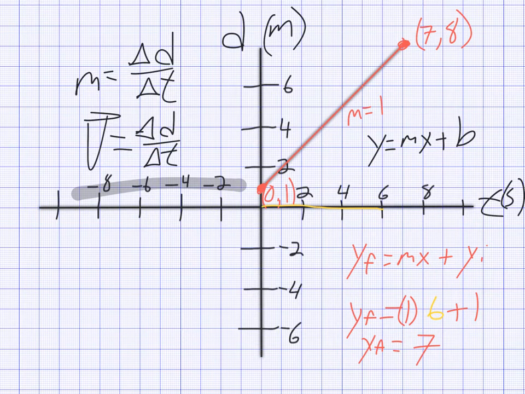So now we know that we can even change something else on this formula down here, and we can say, okay, well, I don't need it to be position, I don't need it to be y. I can say that my final destination is equal to my velocity times the time that it takes plus my initial spot. Some people call that the start. So you can do a d of small i or a d of small s.